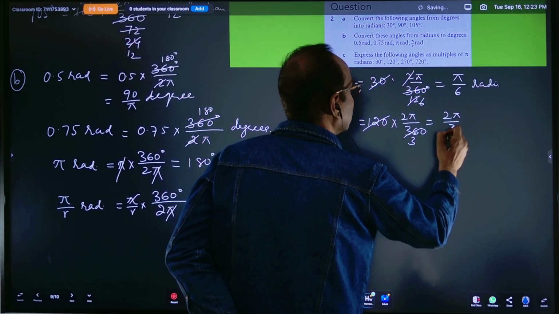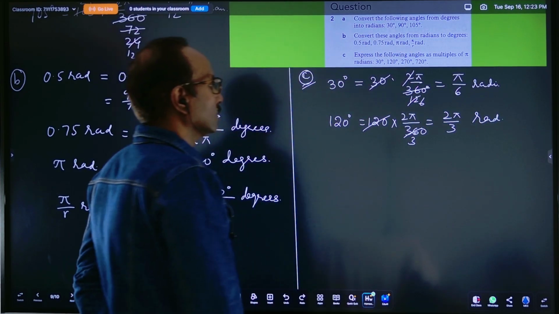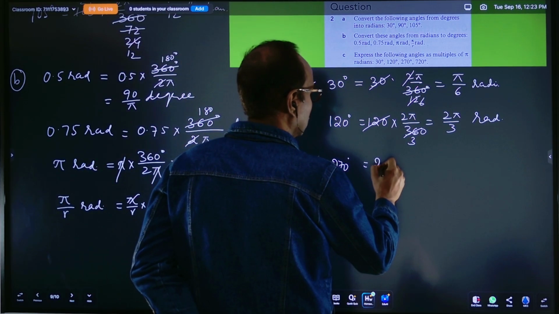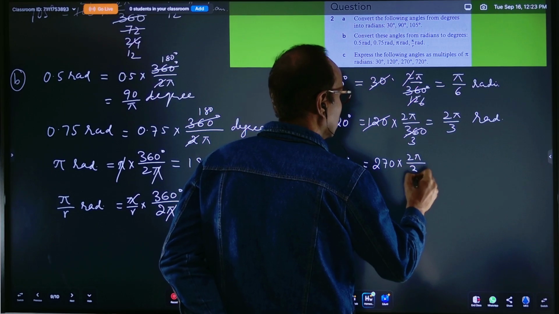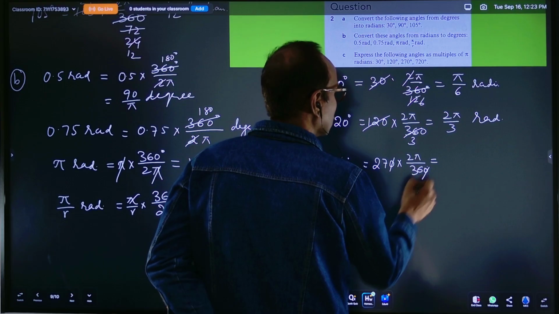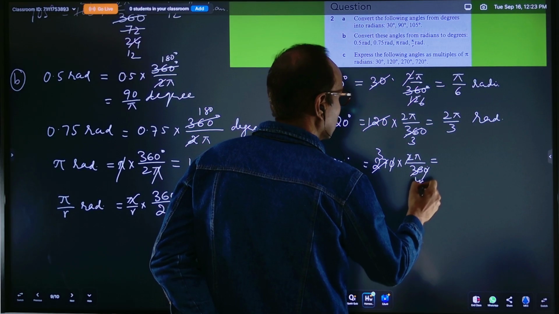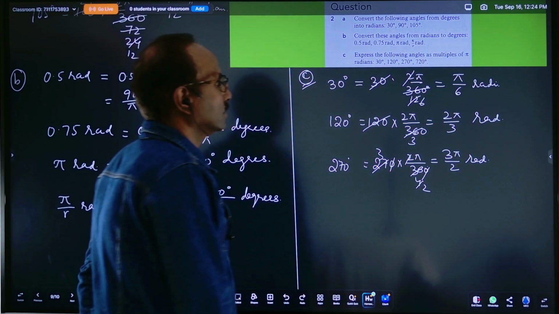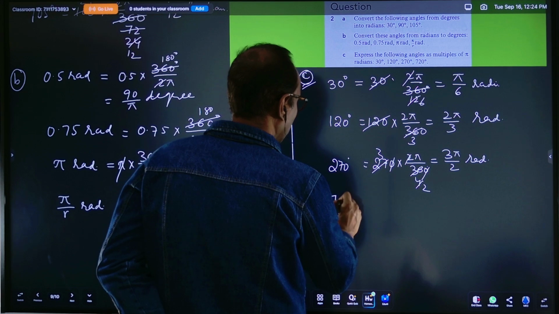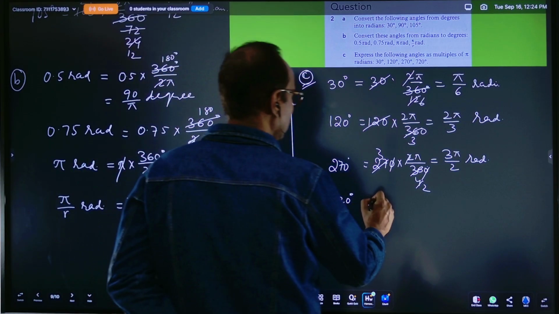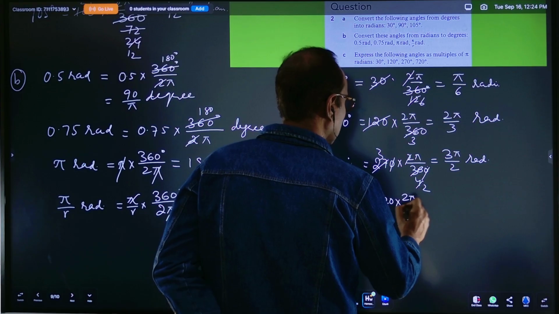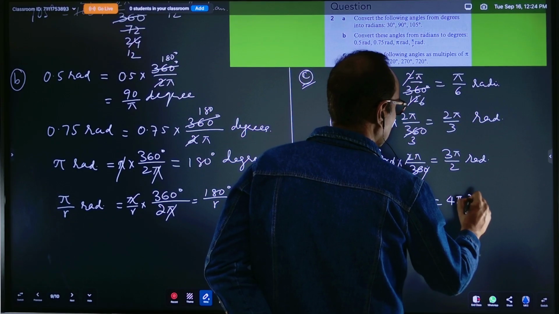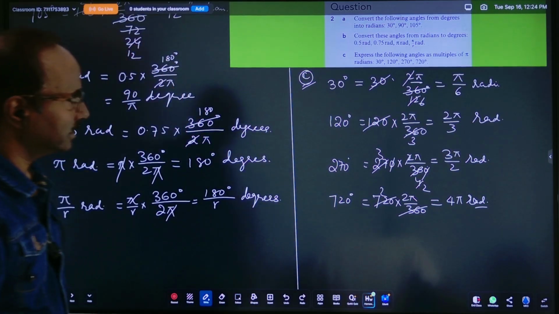So this is 2 pi by 3. 270 degree is 3 pi by 2 radian. 720 degree. So these are the answers.